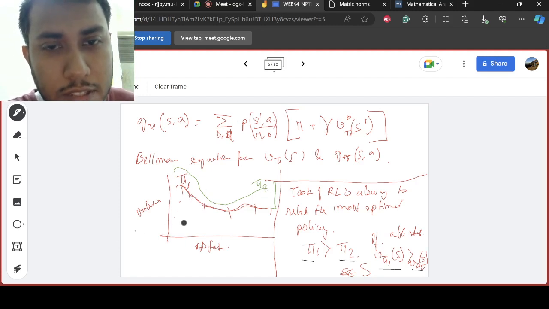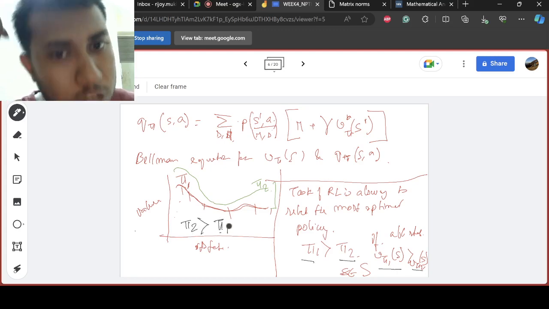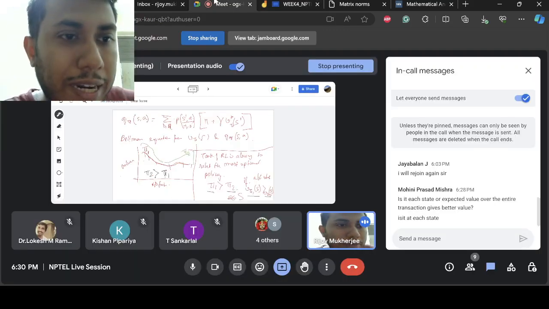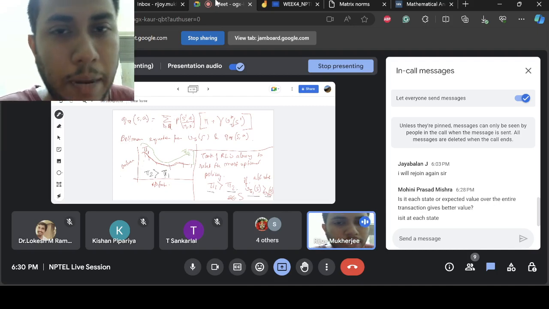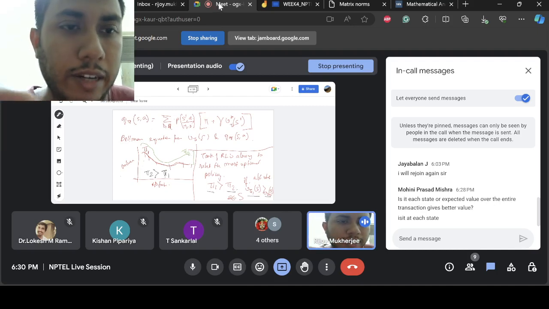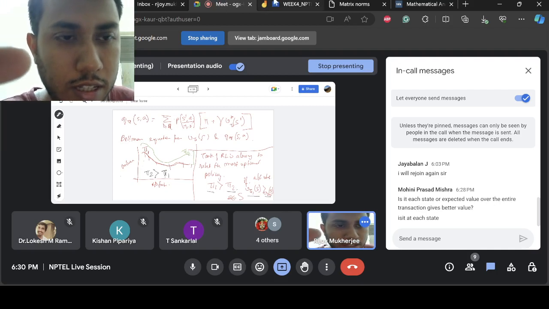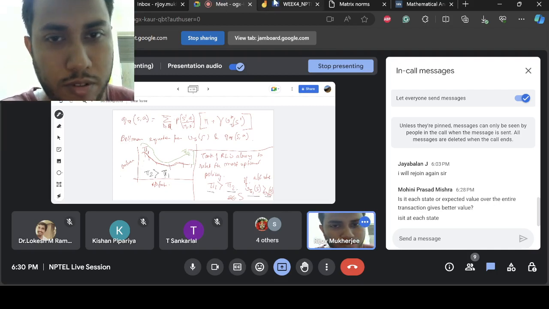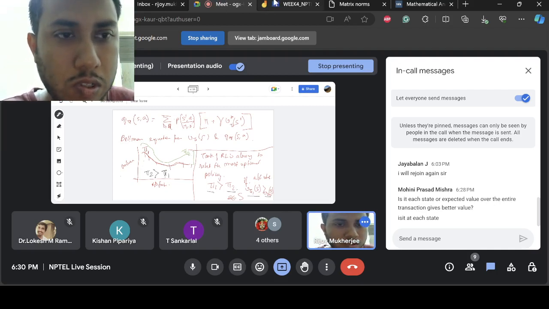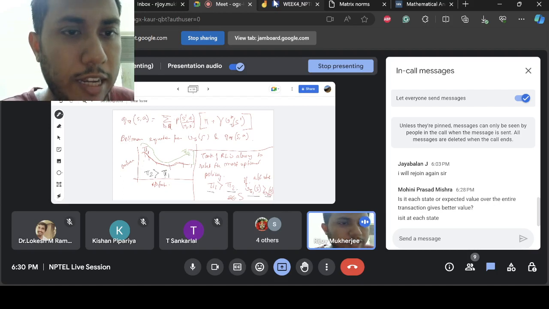So in this case, pi 2 is greater than pi 1, and I can say that pi 2 has a better value function than pi 1. But you will not always get such a curve, right? That's what I mean to visualize for you. So does this answer your question? It is at each state that the expected value should be the highest. That is our goal. That is what we want to find.